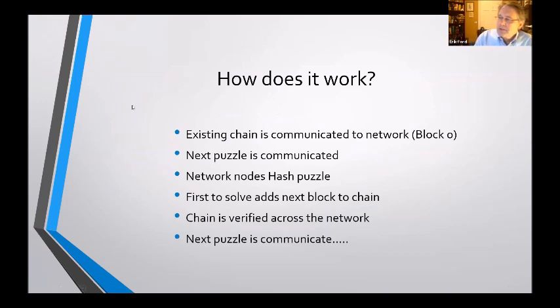So how does this work? The existing chain is communicated to the network by whoever the party is that's looking to track the data via this particular blockchain. And they create what's called block 0, the first block of the chain. Then the next puzzle is communicated to the network.